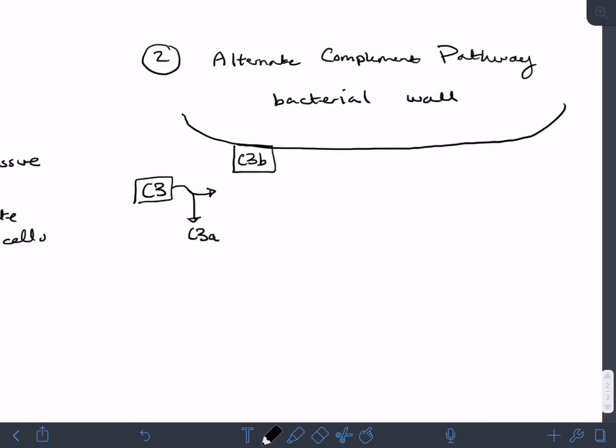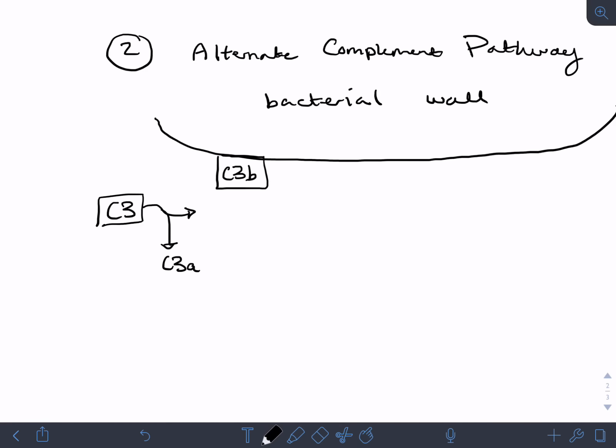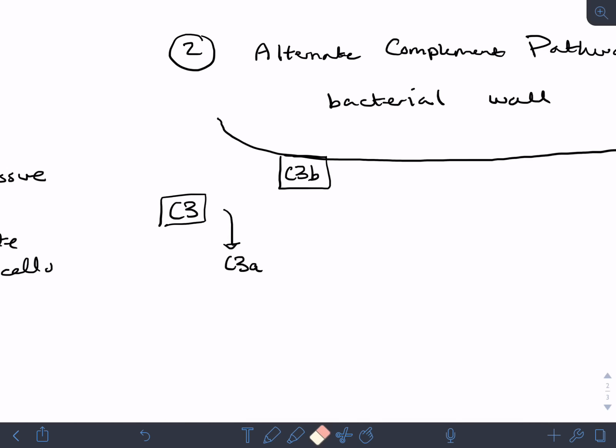When it does this, it gains an enzymatic activity. And with this enzymatic activity, you're going to find another protein called B. B is going to come over here and be cleaved into Bb. Let me draw this as 2 steps. Step 1 is that you have just C3b over here.